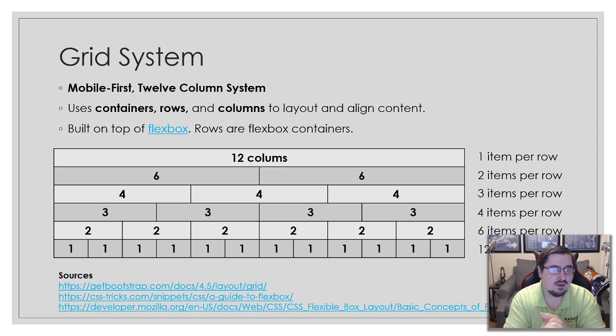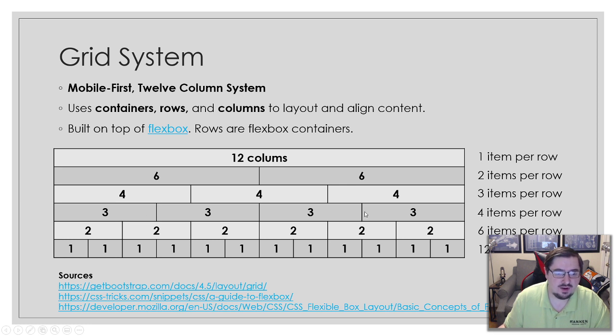So for instance, if I want this thing to span the full viewport width, I can give it a width of 12 columns. If I only want it to span half of the screen, I can give it a width of 6 columns. If I want it to span a third of the screen, I can give it a width of 4. And you can come up with these numbers: you just say, well, 4 times 3 is 12.